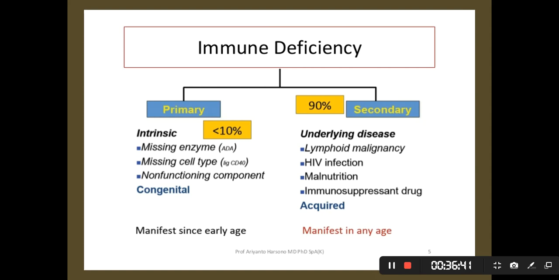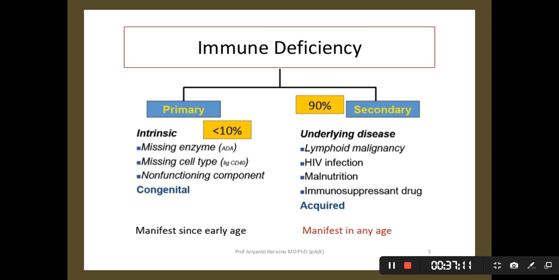If you have seen that movie about a bubble boy, the boy lives in a bubble because he has no immune system developed, right? So that is a primary kind. Sometimes some people acquire conditions where their immunity goes down. What are those conditions? Malignancy, HIV infection, malnutrition, not eating food properly, or any drug like steroids or any immunosuppressant drug which is suppressing your immunity.